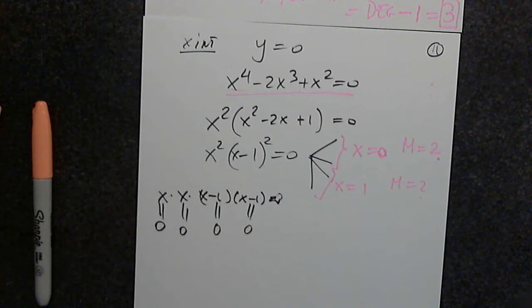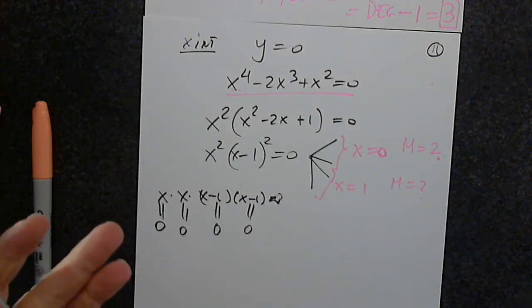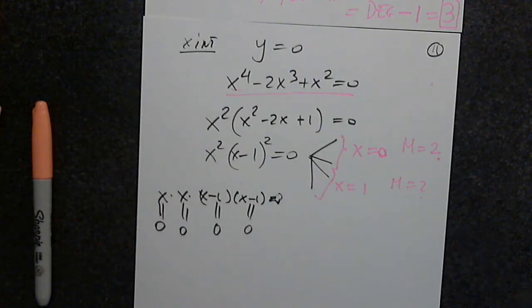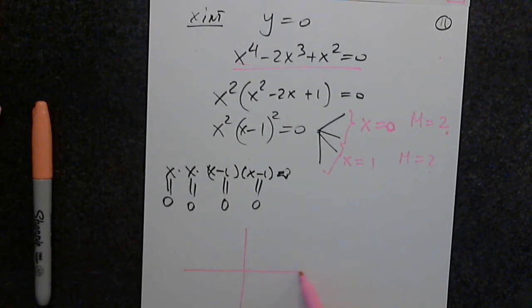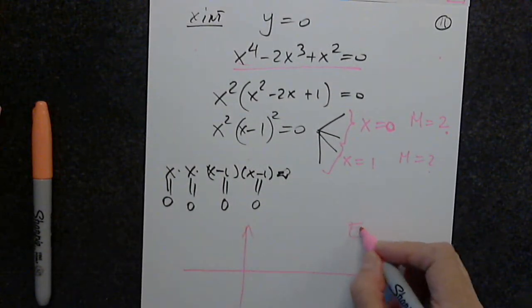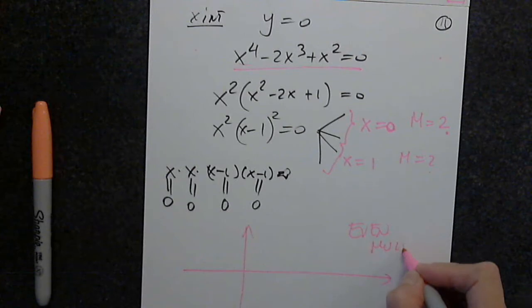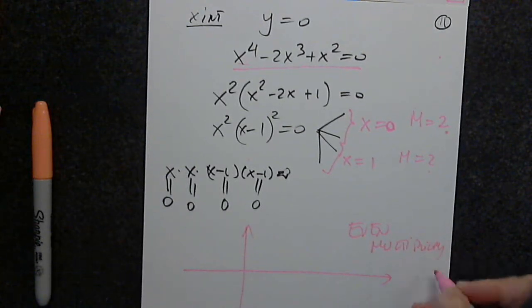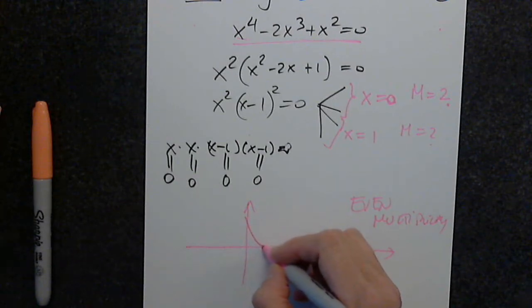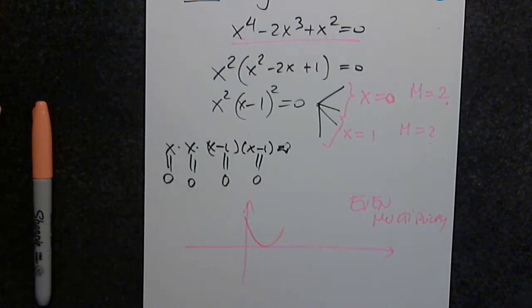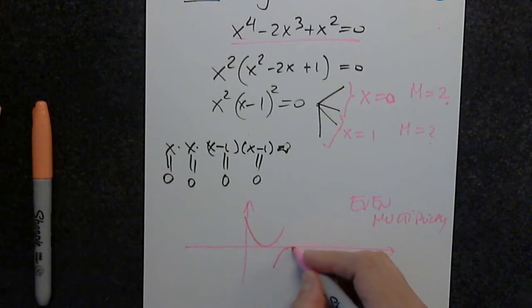Why are multiplicities important? What's the point? So what, that solution x equals 0 and 1, in this case, both of them have multiplicity 2. Here is the answer. Turns. Exactly. That's the answer. Even multiplicity will do this, or it will do this.